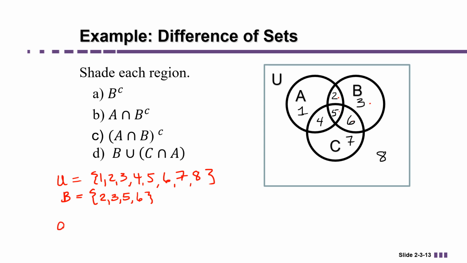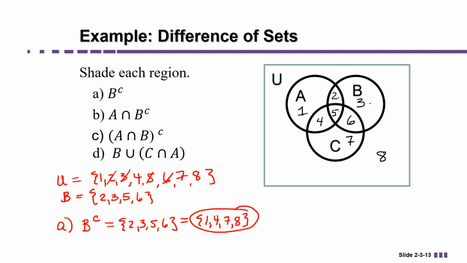So in part A, when we're asked to find B complement, what we're really doing is just removing B from the set U. So we're finding the complement of 2, 3, 5, 6. So we're going to take away 2, 3, 5, and 6 from the set U, and what is left? 1, 4, 7, and 8.